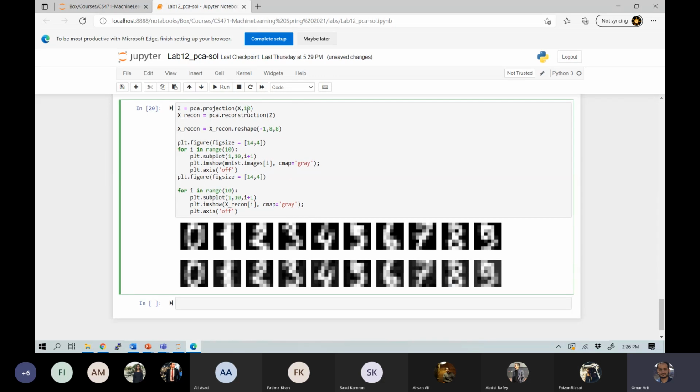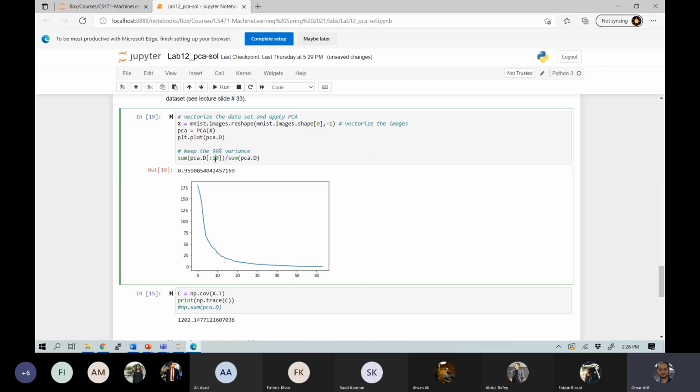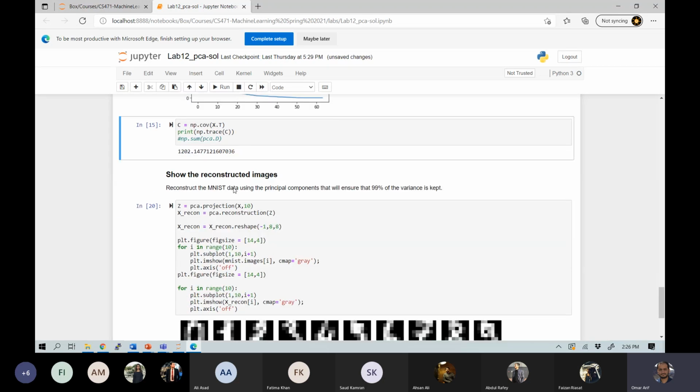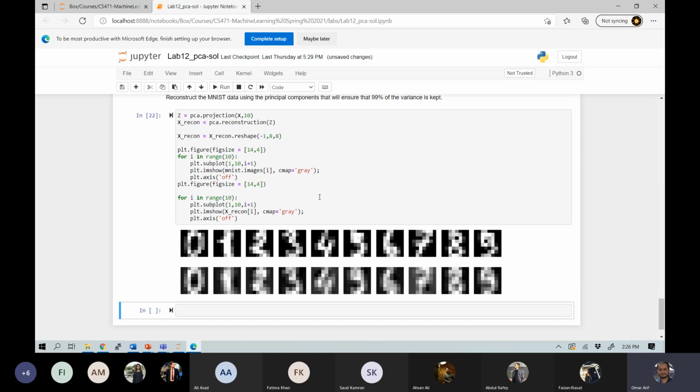Even at 10, if you change it to 10, you only retain probably 73% of the variance. Even at 10, there is deterioration, but you're still getting the images. It's not that you cannot recognize the digits.